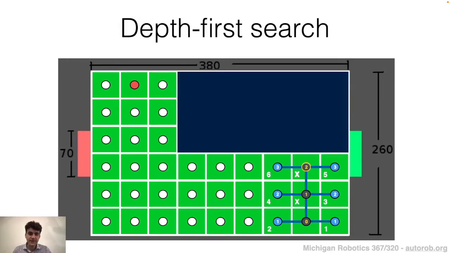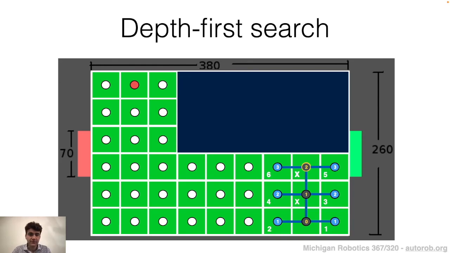Based on the visit list, the next node that would be chosen for visiting is the node that was most recently added, which in this case is the node marked with the square number 6.